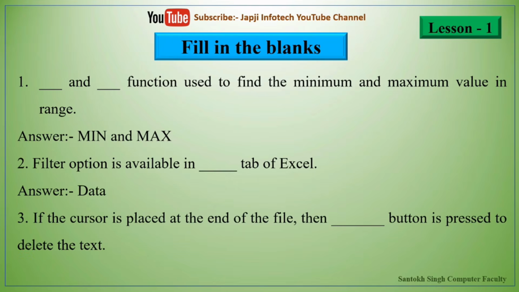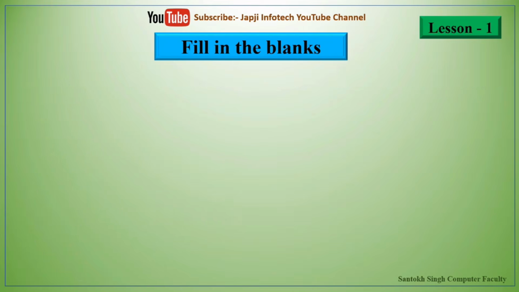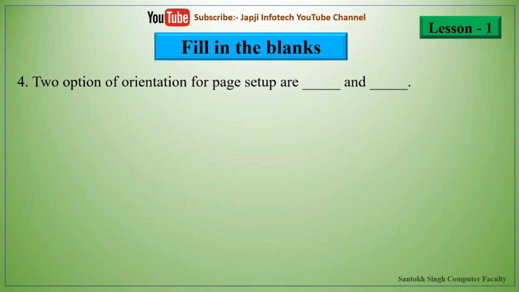Third one is if the cursor is placed at the end of the file, then dash button is pressed to delete the text. And the right answer is if the cursor is placed at the end of the file, then backspace button is pressed to delete the text. And the fourth one is two options of orientation for page setup are dash and dash.